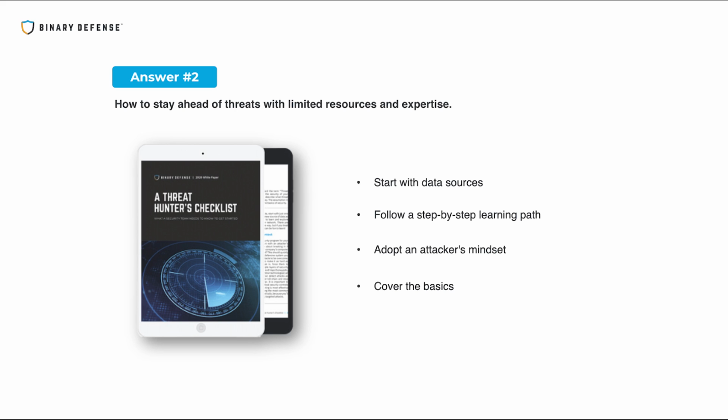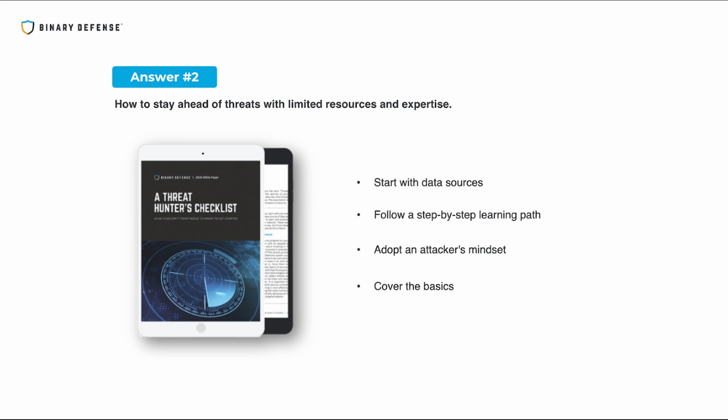Now that we've talked about data sources and the step-by-step learning path, adopting an attacker's mindset is so critical. Think like an attacker to test defenses, implement multiple layers of security, and use sensors and traps for early detection of attackers and threats.